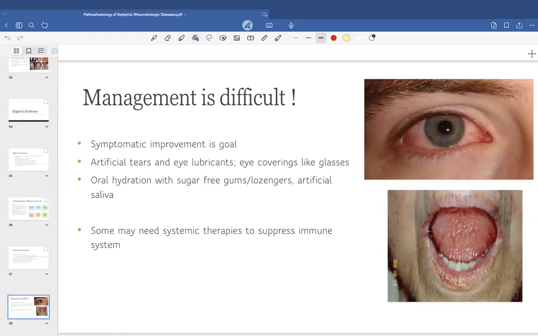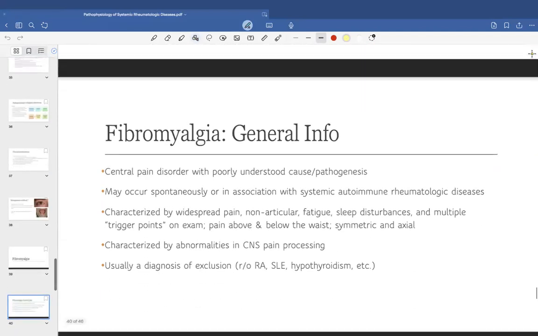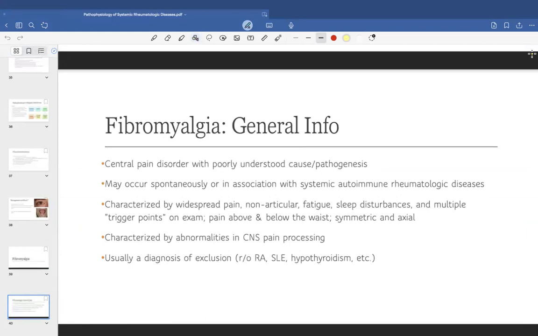Fibromyalgia. You know, fibromyalgia is not a wastebasket diagnosis as it used to be thought of. Anything that they couldn't pinpoint to say it's this or it's that, oh, you've got fibromyalgia.